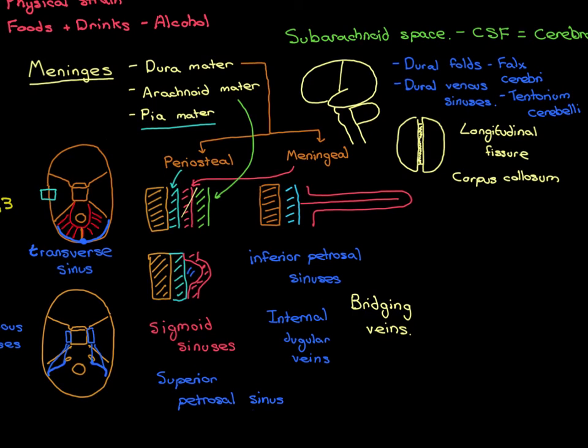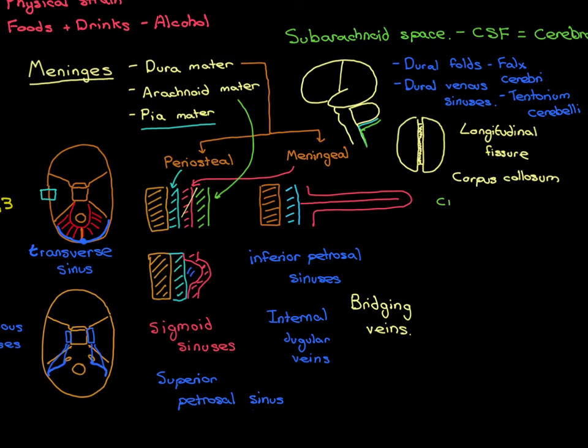So if I just put this on here, let's put the pia mater on first. The pia mater is going to be beautifully attached to the brain, so there's the pia mater in our aquamarine colour here, whereas the arachnoid mater is going to be more like this, and of course it will go down as well like this. And outside of the arachnoid mater, you'll then have the meningeal dura mater and the periosteal dura mater, but that leaves quite a big gap there where you've got a hefty amount of cerebrospinal fluid, and this is right in the middle, if we're taking a sagittal cross-section through here, that you'd find this space, and that's known as the cisterna magna.